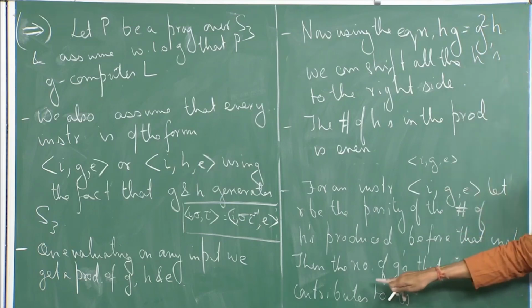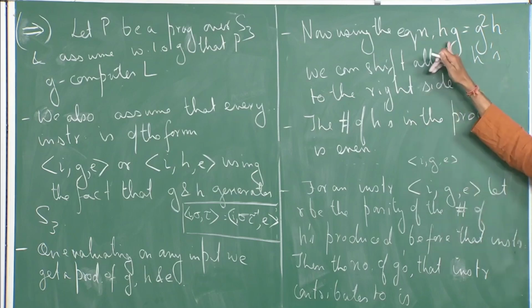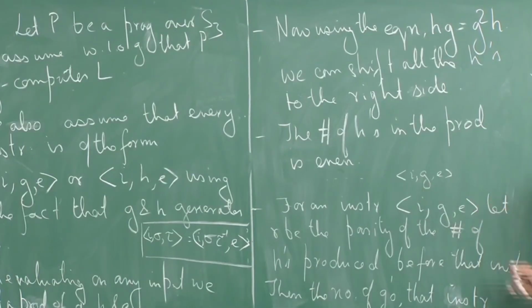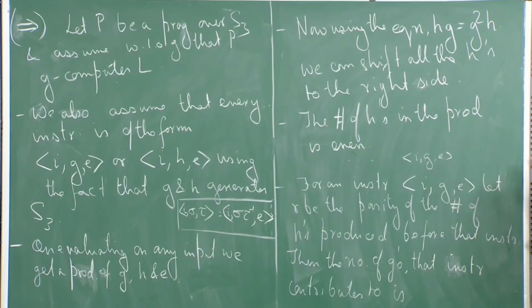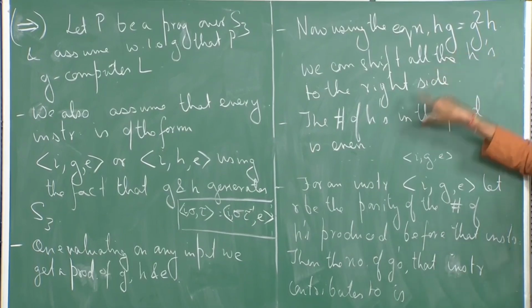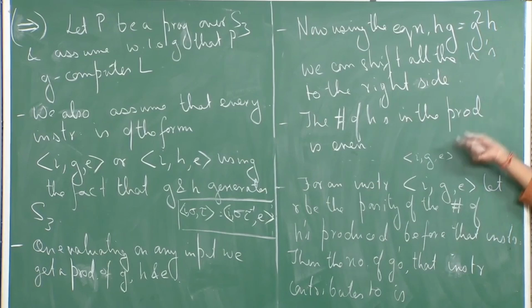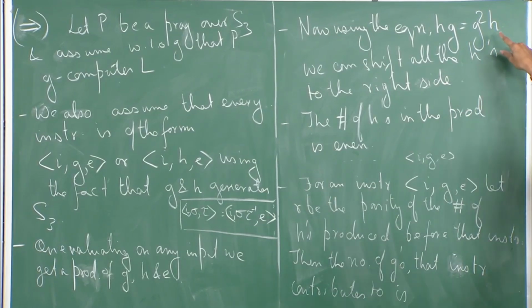So the number of G's that this instruction contributes to depends on the parity of H. If that parity is even, then the number of G's that it contributes to is either 0 or 1, depending on whether this instruction evaluates to 0 or 1. If that parity R is odd, then it evaluates to either 0 or 2 in this case.